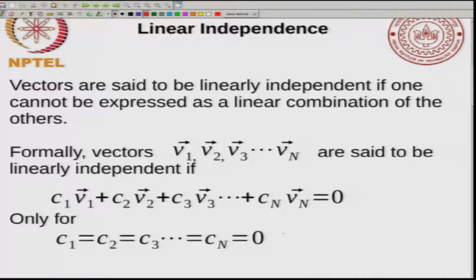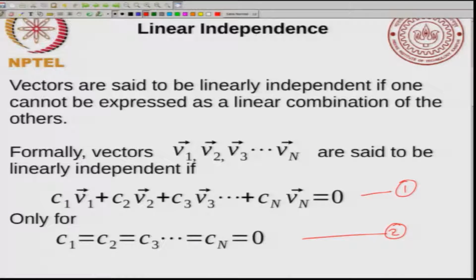Here c1, c2 up to cn are real numbers. This first relation always holds whenever c1 equal to c2 equal to c3 up to cn equal to 0. So, this first relation holds whenever the second relation holds.